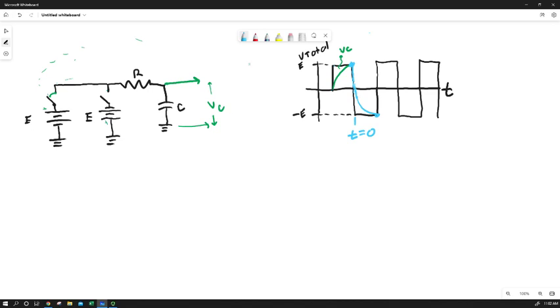What I'd like to do is a bit of a derivation of what I would expect for time versus V sub C, in terms of my E, R and C. Then I'll apply that to the case where time equals the product of R and C, meaning t equals tau, to see what voltage I would expect.